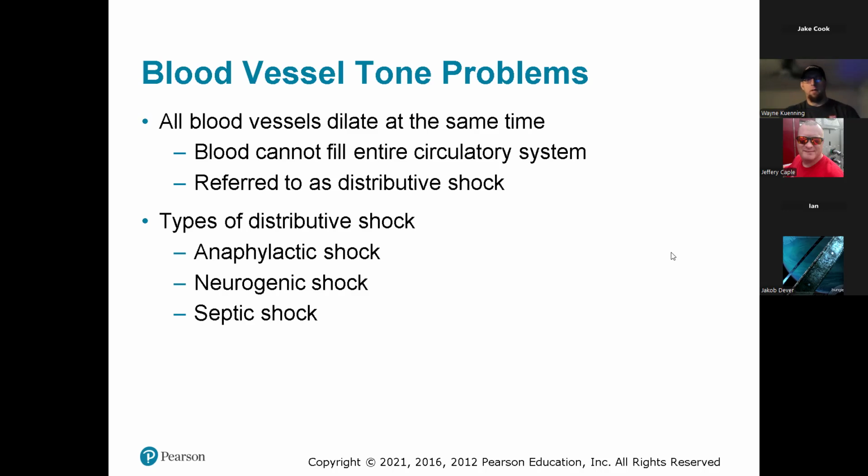Blood vessel tone. These are going to be your neurogenic, your septic, your anaphylactic shocks. These are what we call vasodilatory states. Whatever causes the blood vessel to dilate is kind of what points it in the type of shock that it is. If it's an antigen causing an anaphylactic reaction, it's anaphylactic shock.